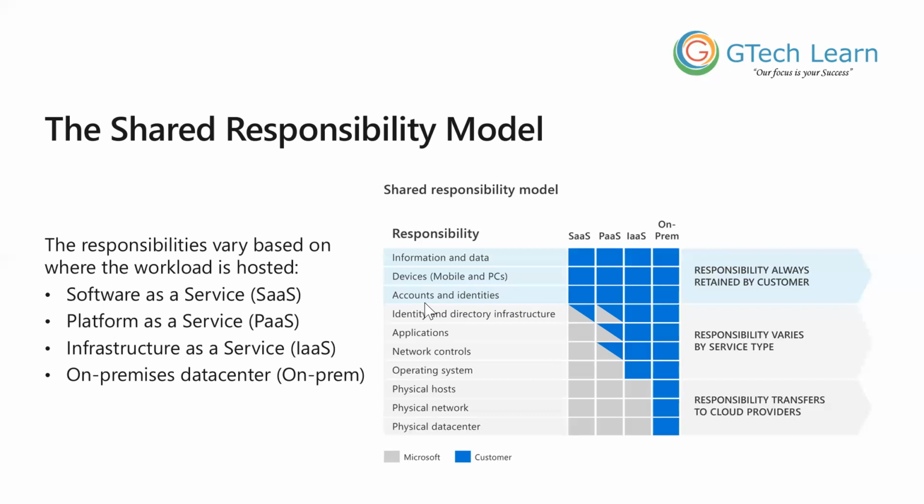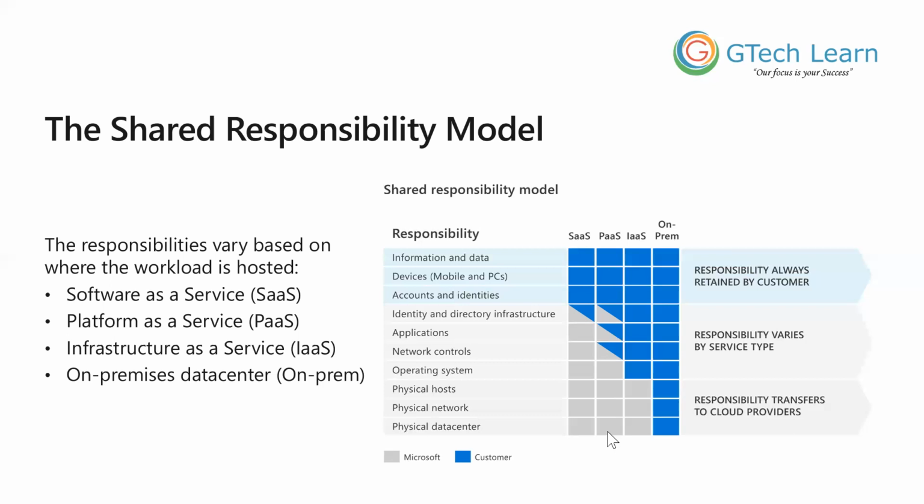In this, the cloud provider manages the hardware and operating system, and the customer is responsible for application and data, where you can see that the blue one is the responsibility shared by the customer, and the gray one is the responsibility shared by the cloud provider, which is Microsoft.